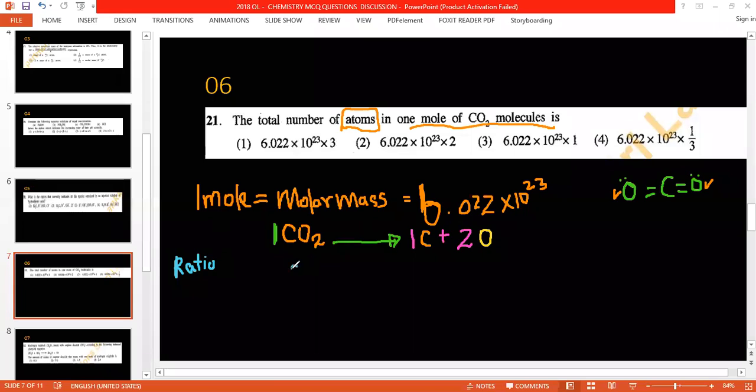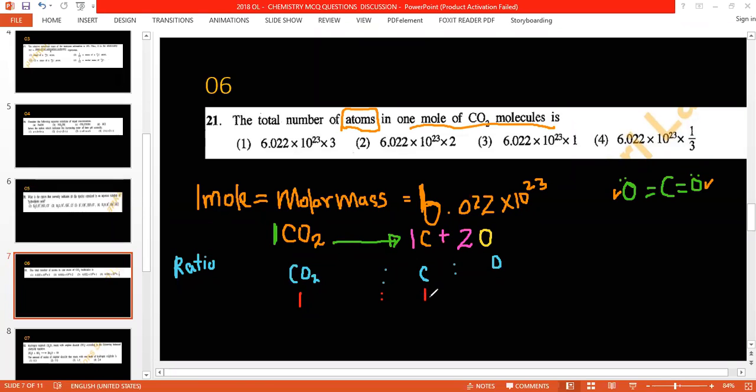What is the ratio between carbon dioxide, carbon and oxygen? The ratio is 1 to 1 to 2.